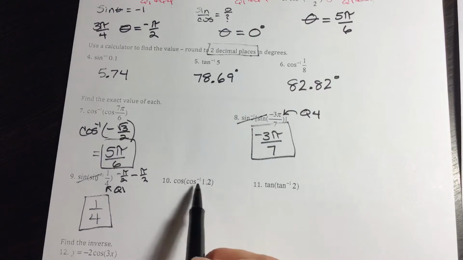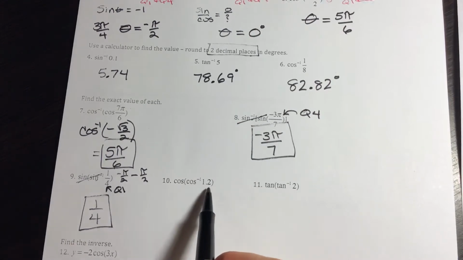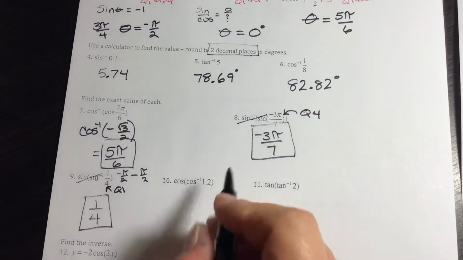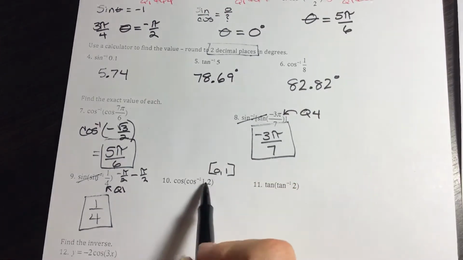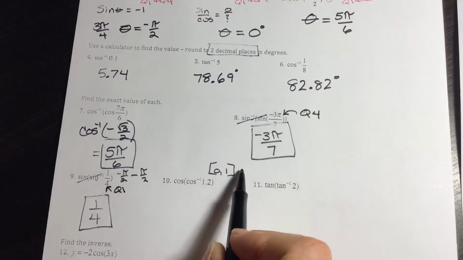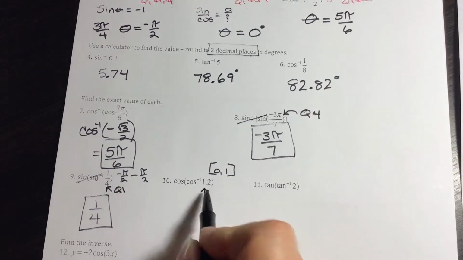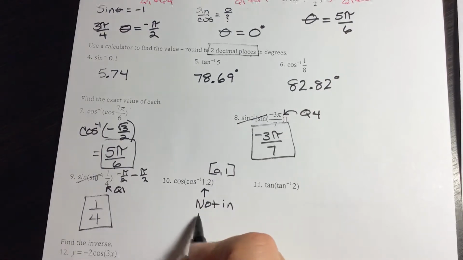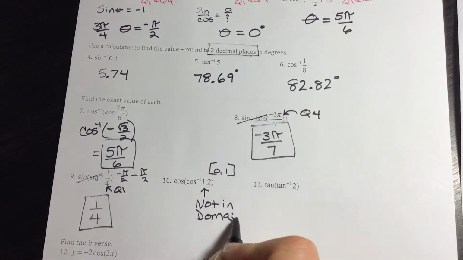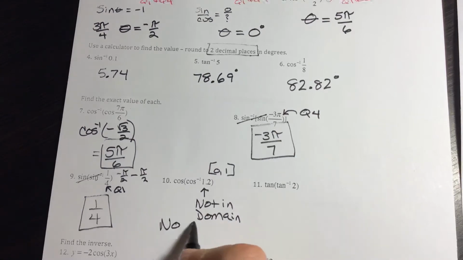Now I'm looking for the inverse cosine of 1.2. Cosine has to be between 0 and 1, and 1.2 is greater than that. So this is not in my domain, so there's no solution.